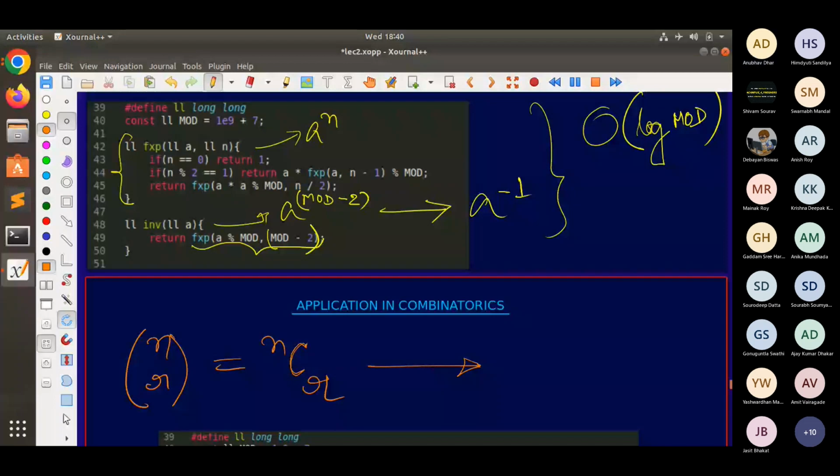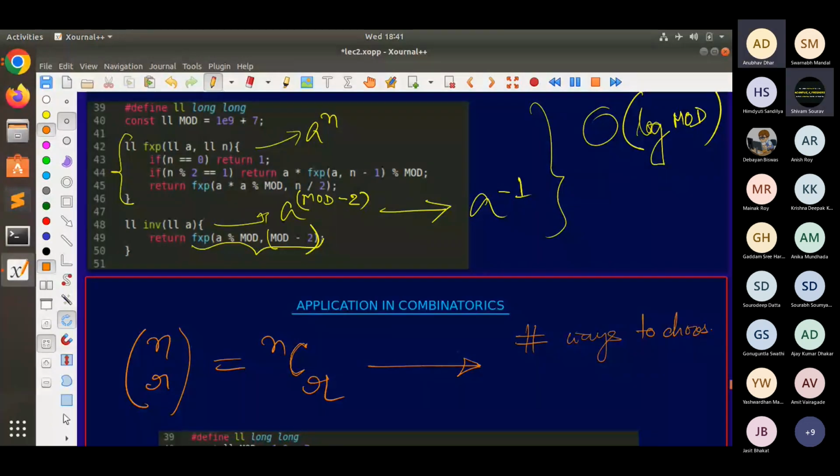Can anyone tell me? It is the number of ways to choose r distinct objects from n distinct objects.